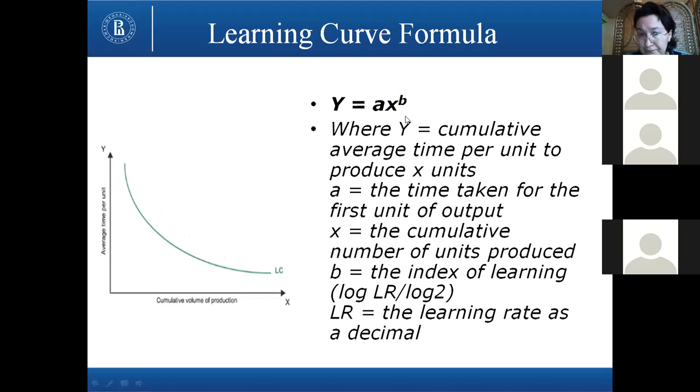B is the index of learning. We can calculate this index by using the logarithm. And our learning rate, the measuring of the learning rate. So we use this abbreviation for the learning rate.